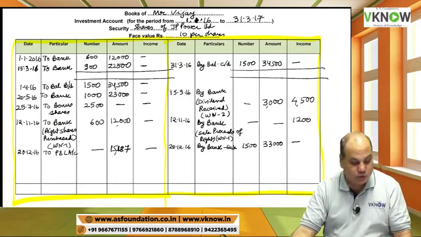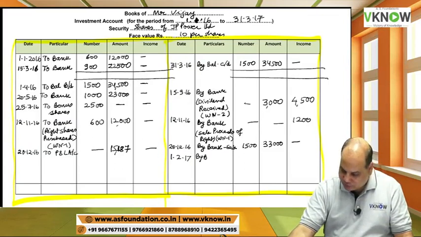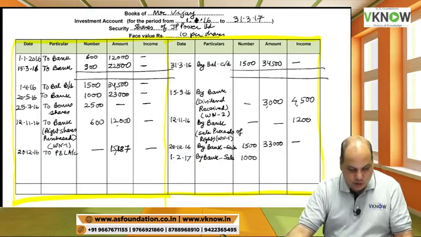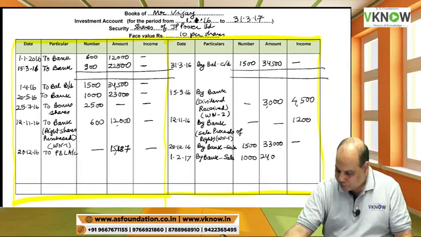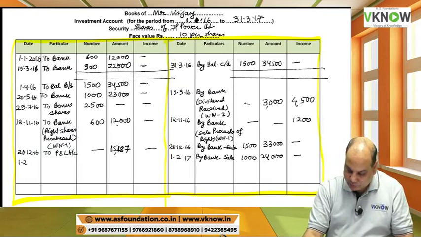One more sale took place. 1st February 17, by bank, sale 1000 units into 24,000. Debit side, 1st February 17, to P&L account, working note 4 again.